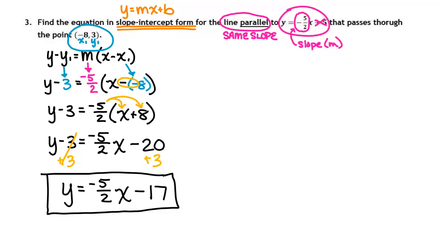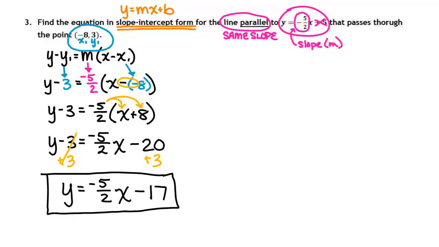Notice it has the same slope, negative 5 over 2, negative 5 over 2, but we have a different y-intercept. This y-intercept was a positive 5. This y-intercept is a negative 17. All right, so far so good?